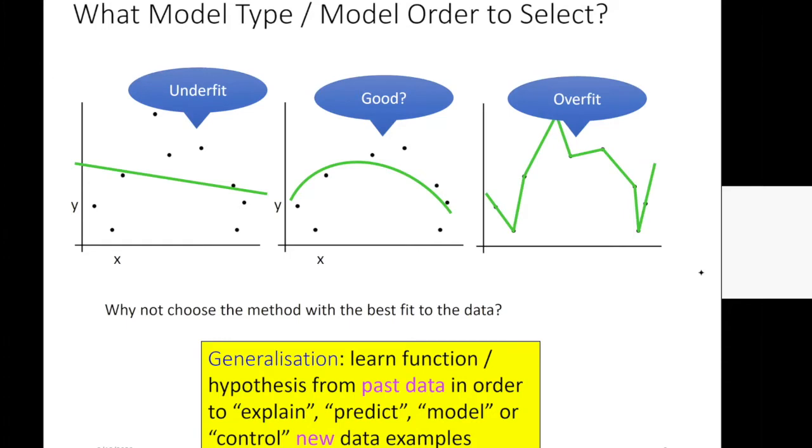All right, so again, let's come back to generalization. The definition of generalization we gave you before is a little more general than the definition on the last page. In the beginning of the class, we said we want to look for generalization, that is, to learn the function from past data in order to explain, predict, model, or control new data samples. In that definition, we didn't put the IID constraint.